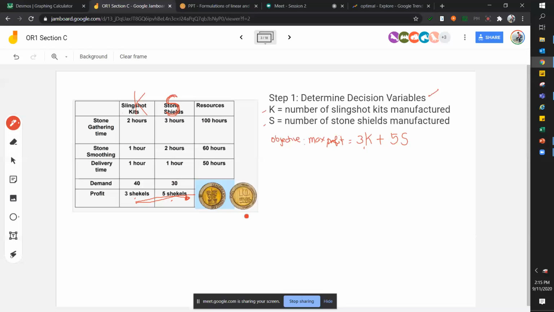Malinaw po kung paano na-derive to? So, papaganon na yung flow natin. Hindi naman pababa, di ba? 5 and 3. Questions? So, ano next step? Next step? Ano po yung next step natin?